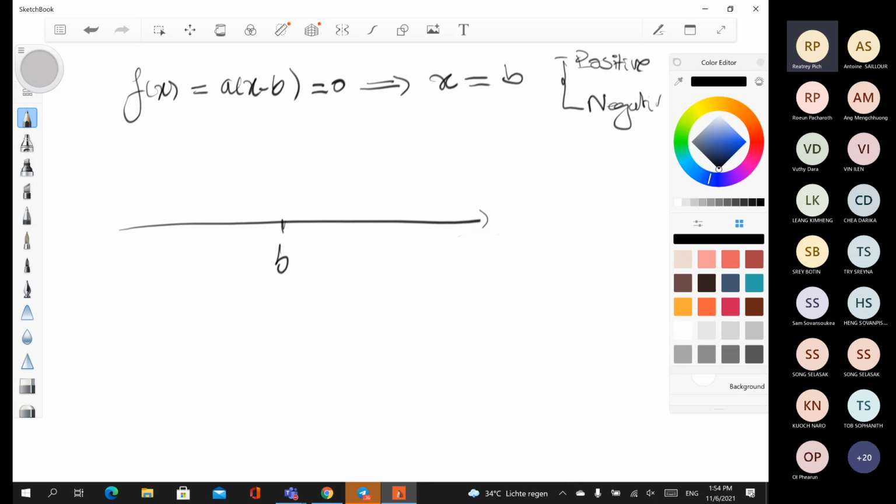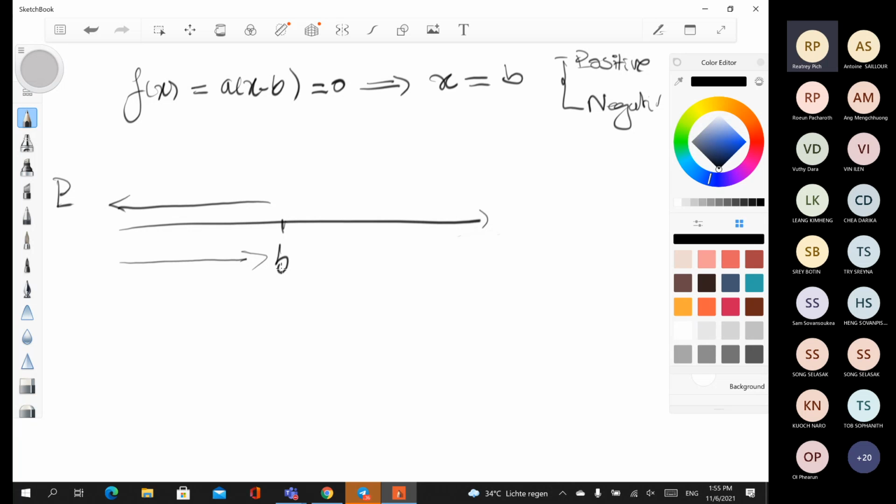I assume b is positive, first case, positive. When we draw the position of b positive, the value from here to here means our system will produce a negative value, because x minus b is negative, since x is less than b. If it's negative, you draw the left arrow.